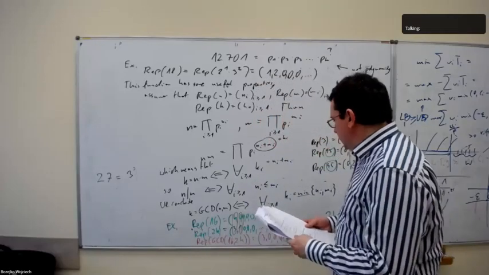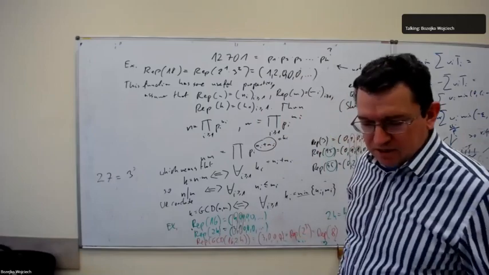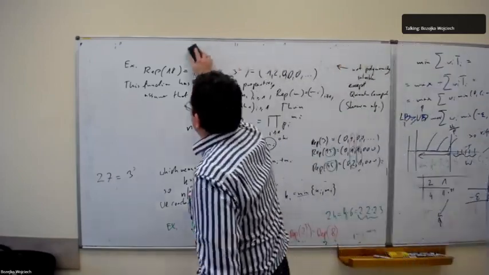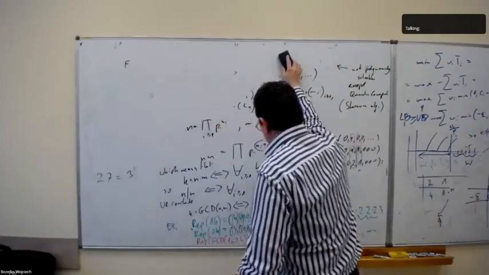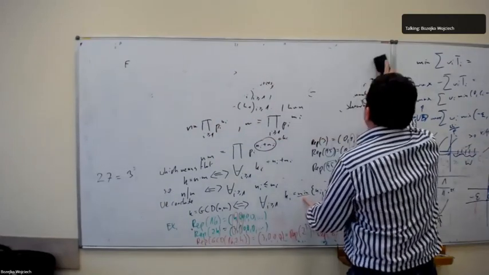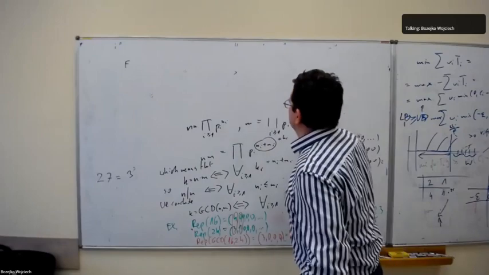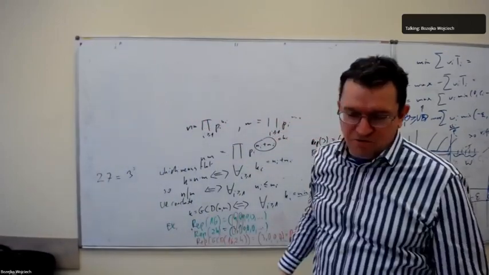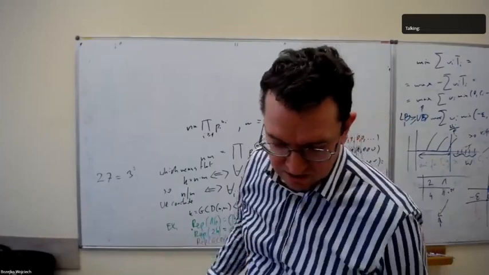In a similar way, we can obtain the least common multiple, because we just take the maximal here. And this is also a kind of computer science approach.